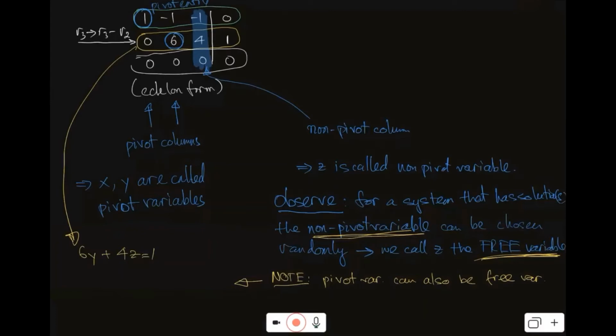But in order to do so, you can first let z randomly be chosen and then choose y accordingly. However, you can do otherwise. We can choose y to be any random number s and then choose z accordingly, right? So that means the y itself can also be a free variable.